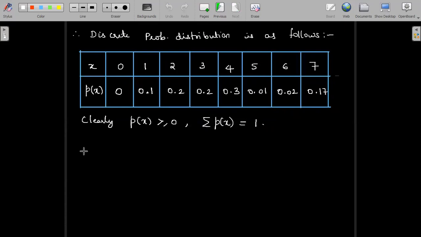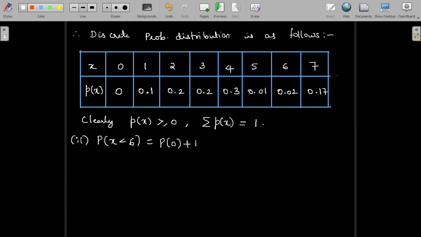So second one, probability of x less than 6. When I say x less than 6, it is until 5: P of 0, 1, 2, 3, 4, 5. X should not include 6 because the symbol is just less than 6.